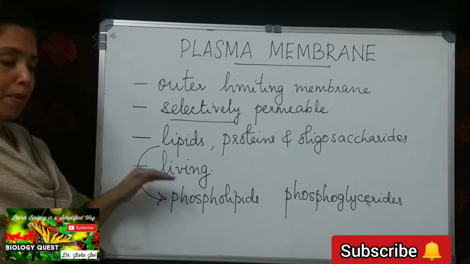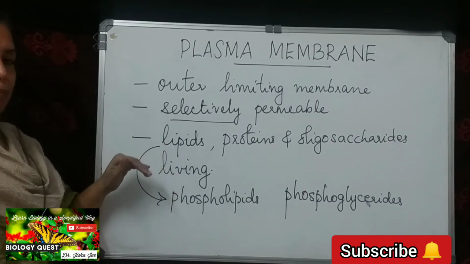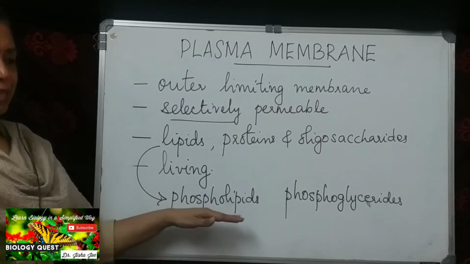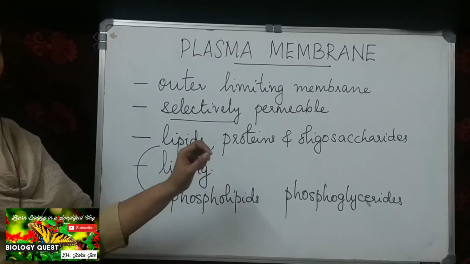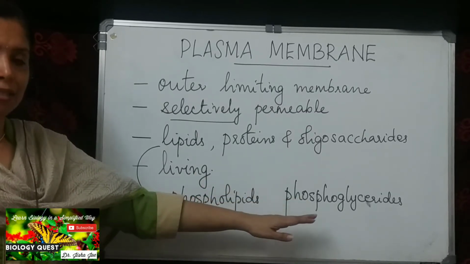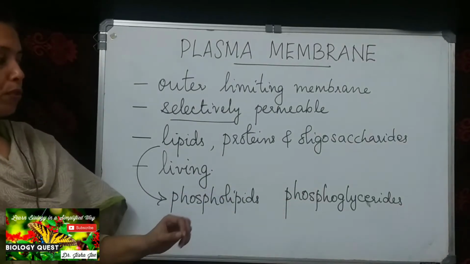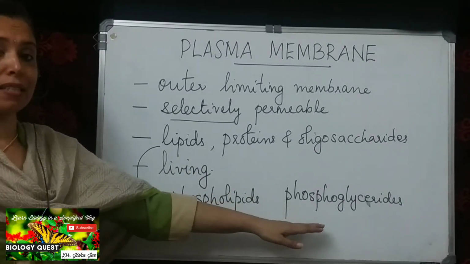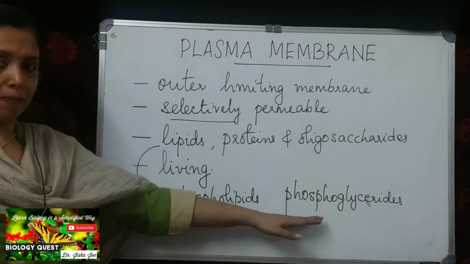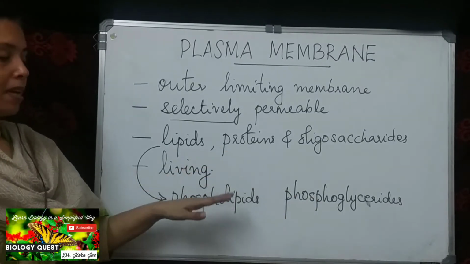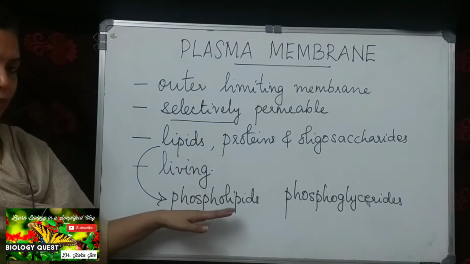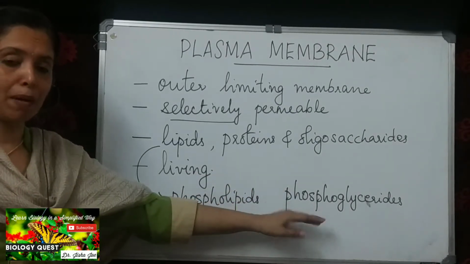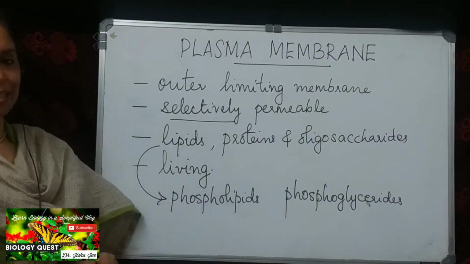It is a living membrane, and the lipid component is phospholipids; the phospholipids derived from glycerol are called phosphoglycerides. So the class of lipids in plasma membrane is the phospholipids, and the phospholipids in plasma membrane are phosphoglycerides.